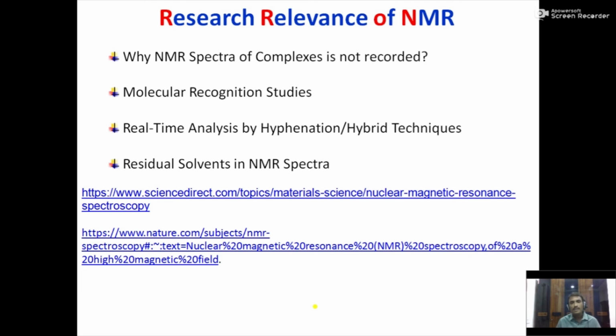I have given the bibliography in which that research paper is mentioned, which tells you about the different residual solvent peaks left in NMR spectra. For further research relevance of NMR, I suggest you explore these two sites.